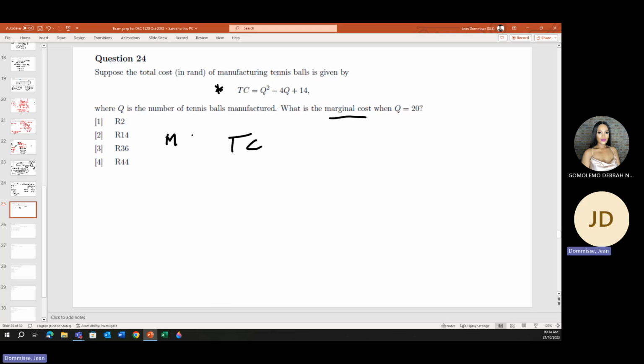Marginal cost, again, is basically total cost differentiated. So if we differentiate this formula, we get 2Q, because it's Q squared, the 2 goes in front, 2 minus 1, minus 4.